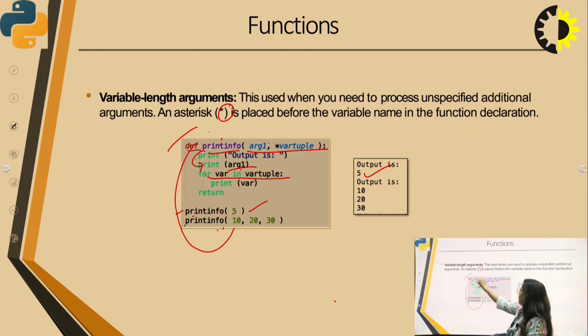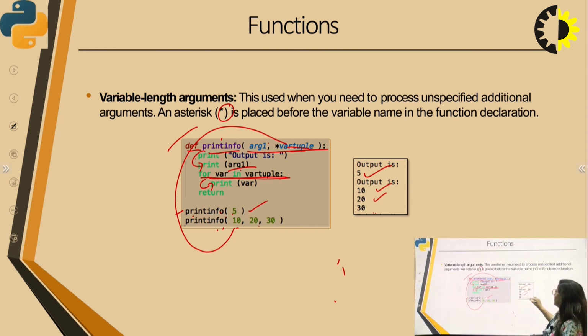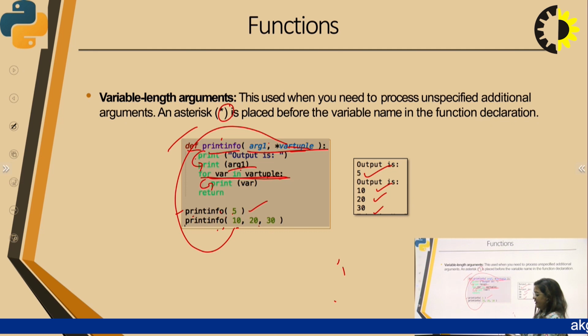Then it goes to the variable, which is a tuple, and prints the variables. The output is 10, 20 and 30. So a function can also be defined with variable length arguments. We use the first argument, then the remaining variables are different.